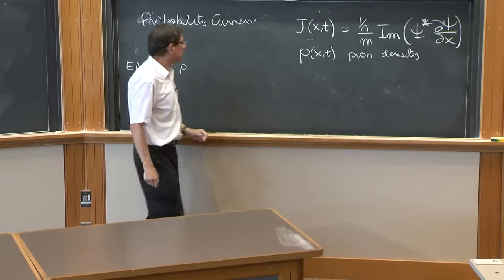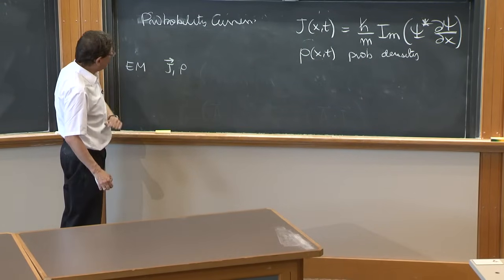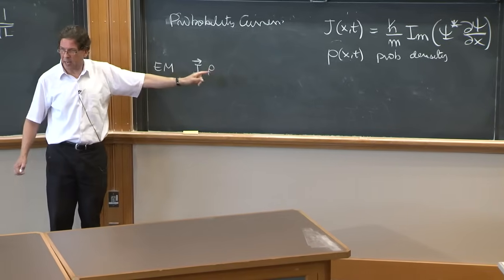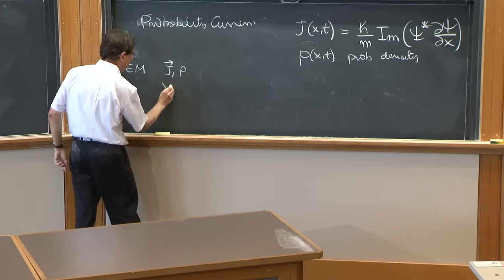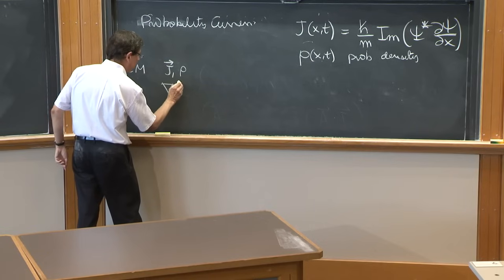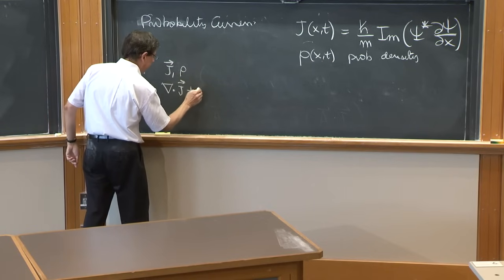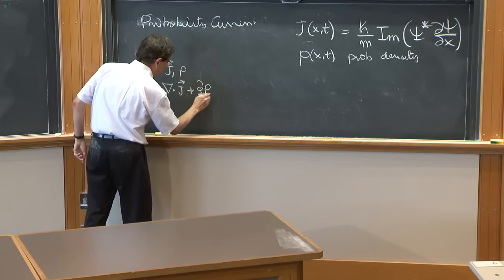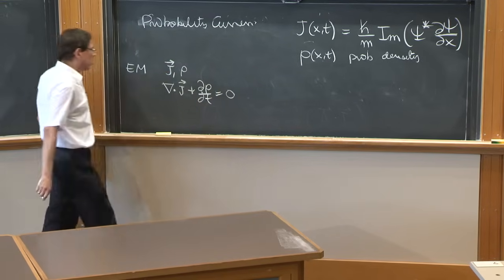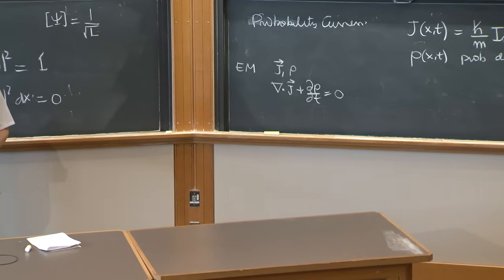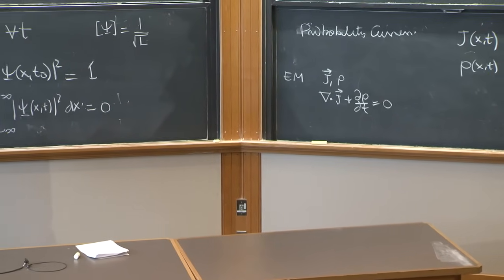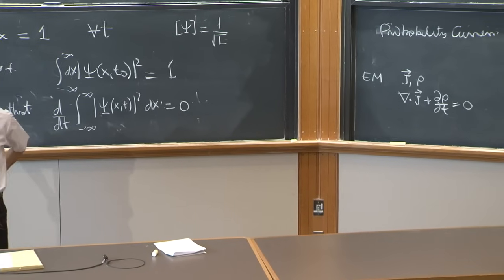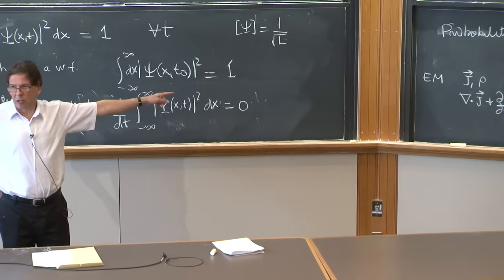But the most famous thing associated to electromagnetism currents and charge densities is the so-called conservation law. This differential equation is satisfied by the current and the density: divergence of J plus d rho dt is equal to 0. That means charge conservation.